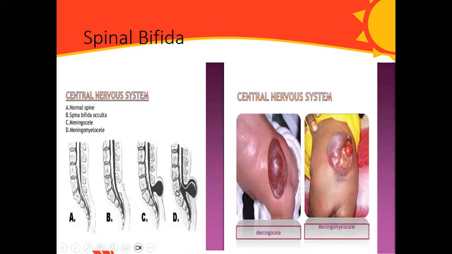Myelomeningocele is the severest form, where you see not only the meninges protruding through the defect, but you see some neural tissues protruding with it. This one has a severe course of events.